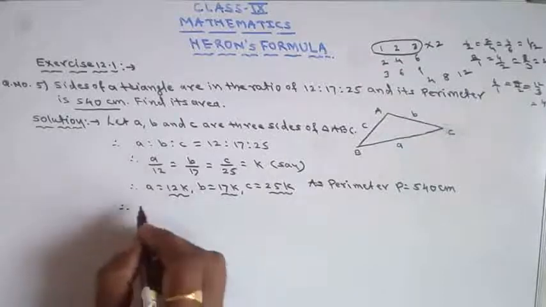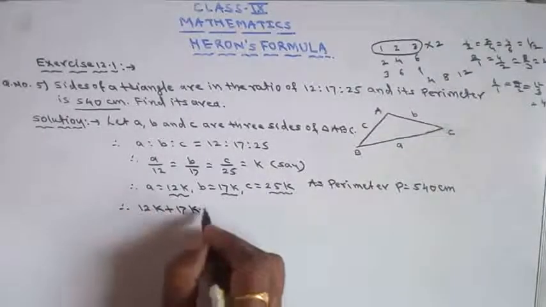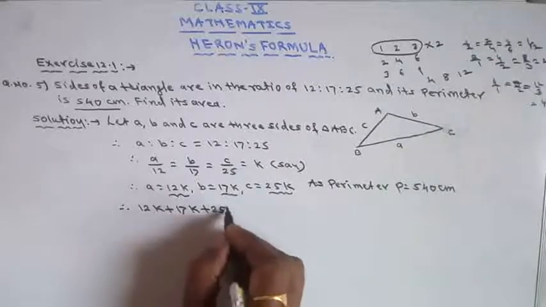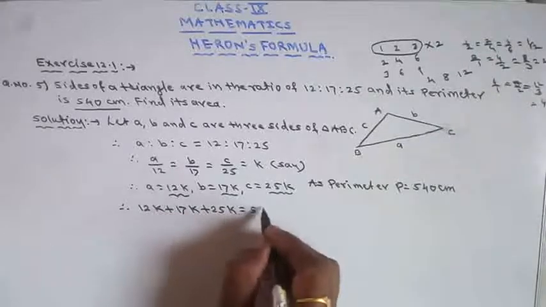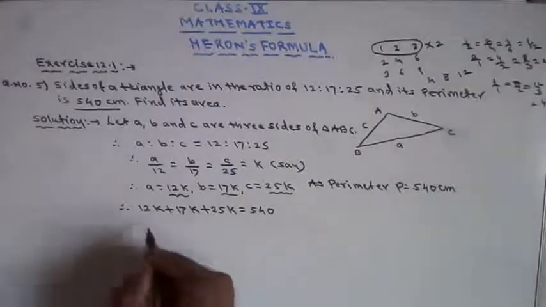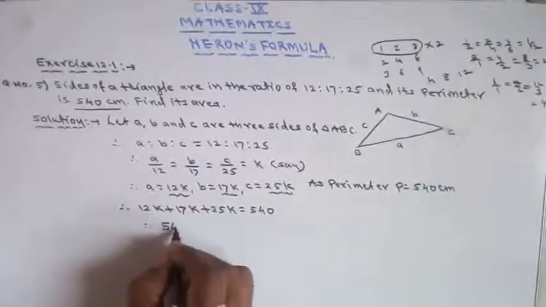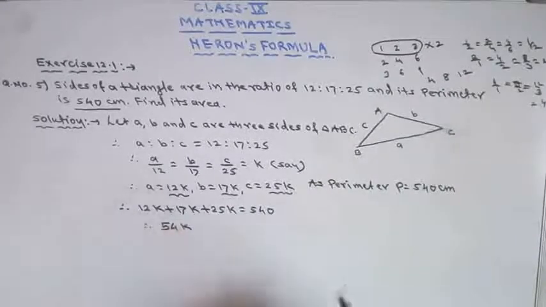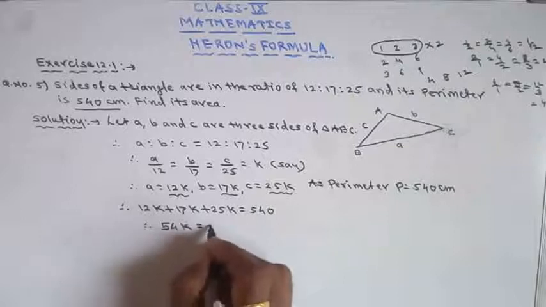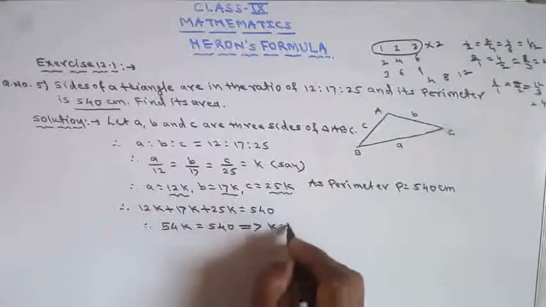Therefore adding all three sides, 12k plus 17k plus 25k will be equal to 540, right? Therefore this is 54k. You add all these numbers, that equals 540. This implies k equals 10.